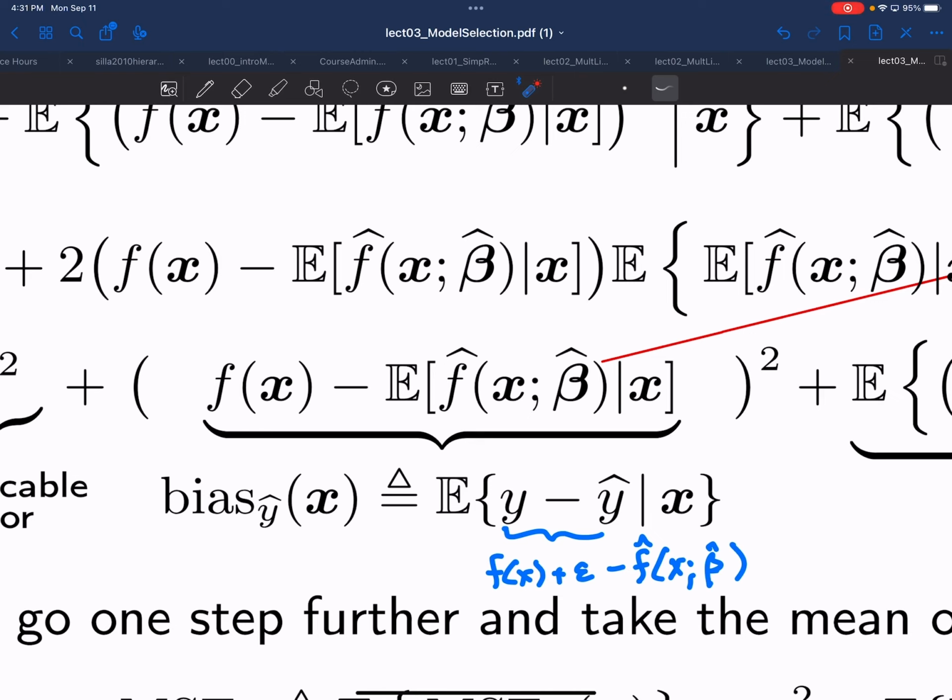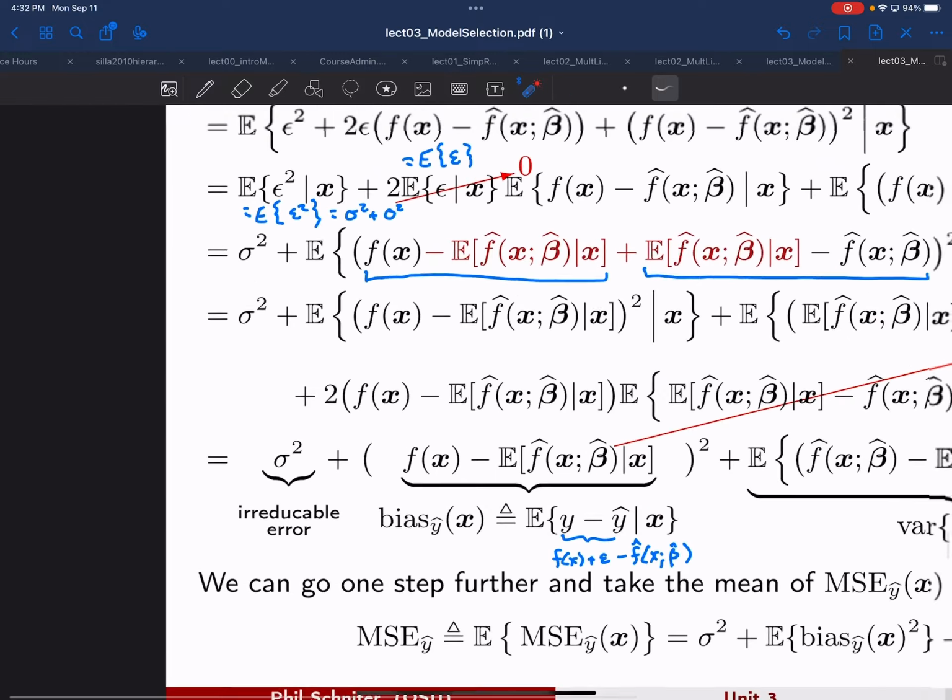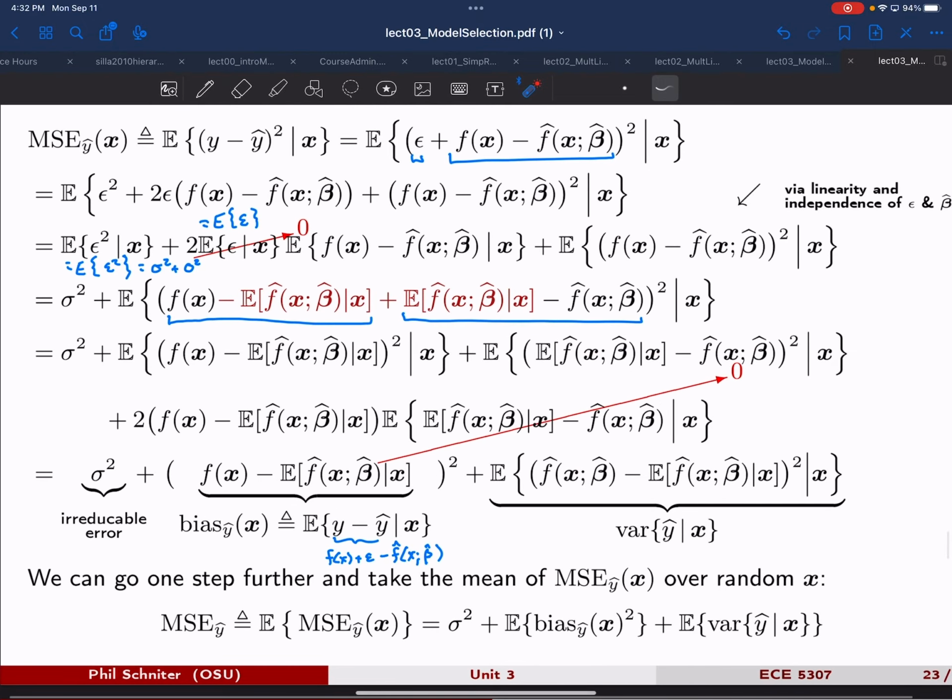The next thing is the expected value of epsilon in our model is 0. So that's gone, and the only thing left is the expected value of this. Okay, good. Any other questions?